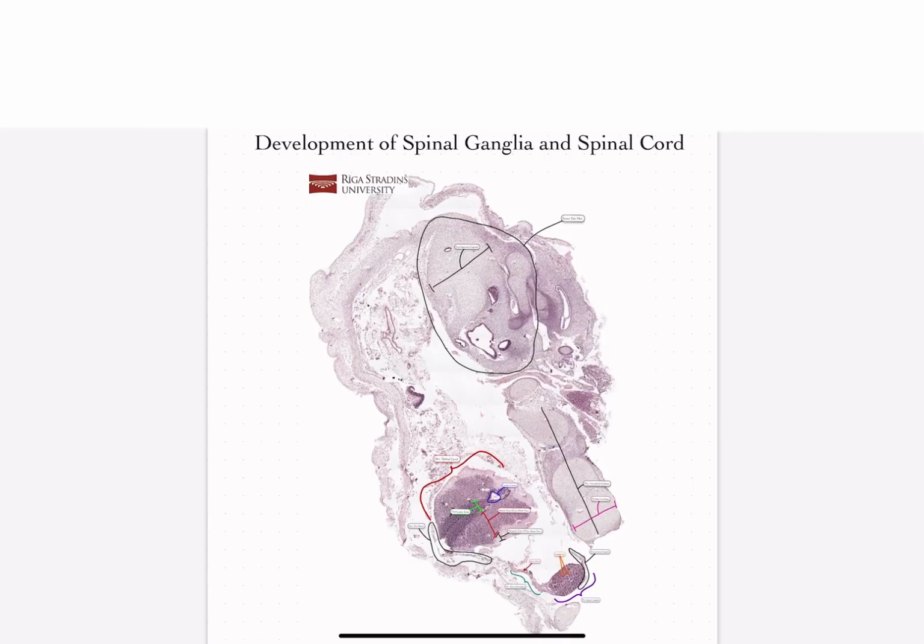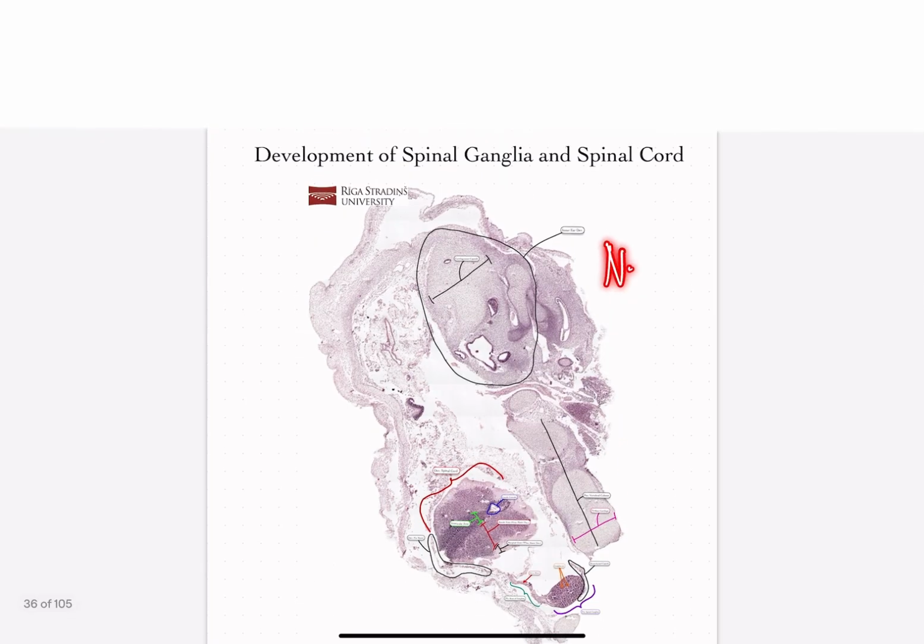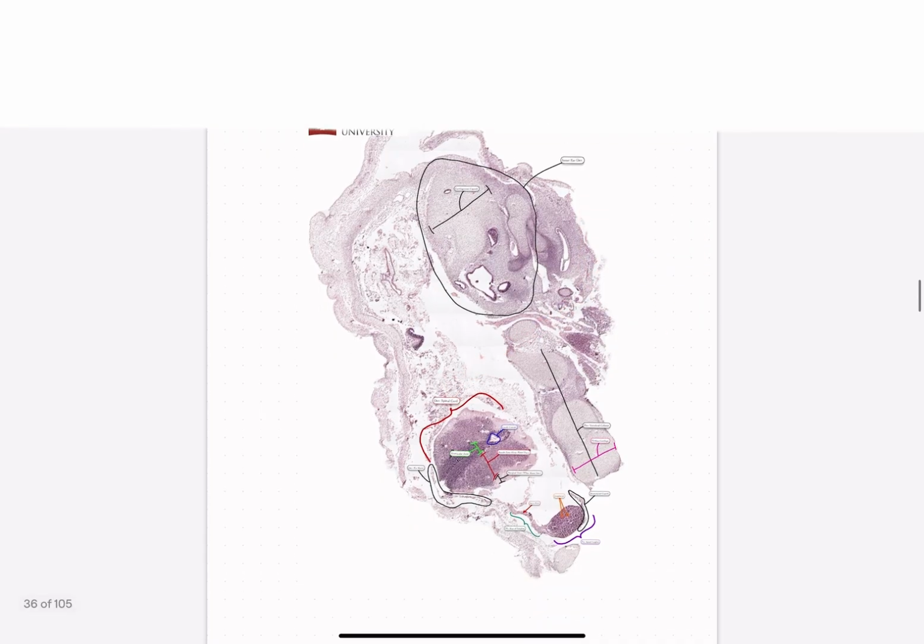We finally get to graduate to another slide, and here I would like to put more attention to the developing spinal cord as well as the developing neural tube. Now, when do you use neural tube and when do you use developing spinal cord? The neural tube is a primordial version of the spinal cord, and I think it's up to the 4th week of embryonal development that it still persists, and then it becomes the spinal cord.